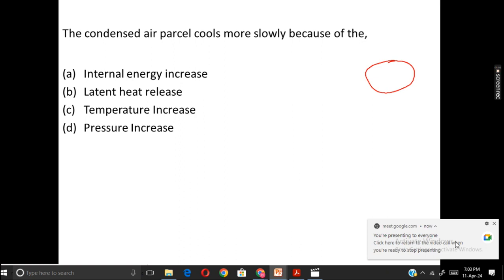So the condensed air parcel cools more slowly because of, so as I said, condensation happens when the air is saturated. Saturated means the air is already holding the maximum amount of water vapor that it can contain. So once it has reached that saturation level, then the water vapor will basically start to condense.